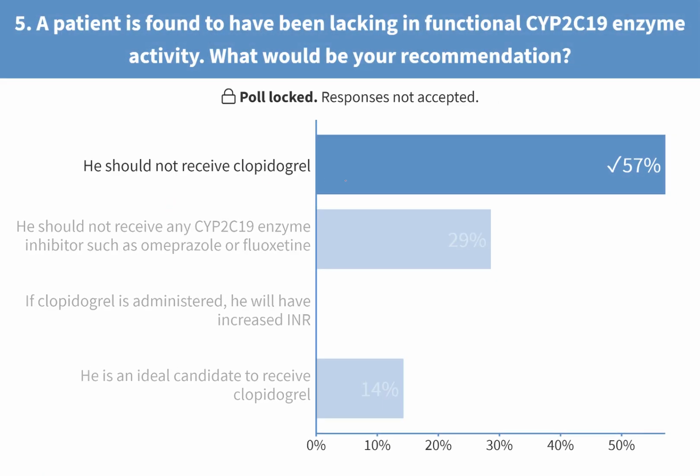He should not receive clopidogrel because clopidogrel is a prodrug. If CYP2C19 is not working, clopidogrel will not get converted into its active form. So it's not going to work. So we should avoid using clopidogrel. Yes. Okay, last question.